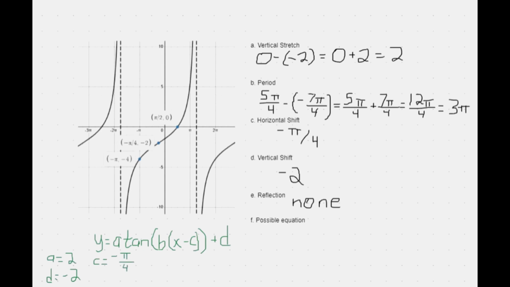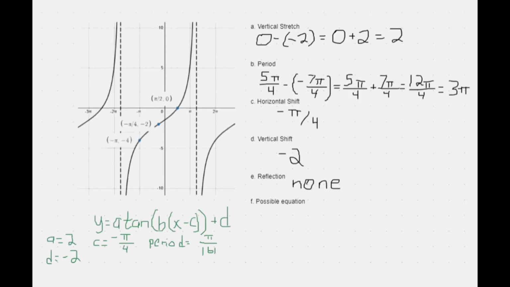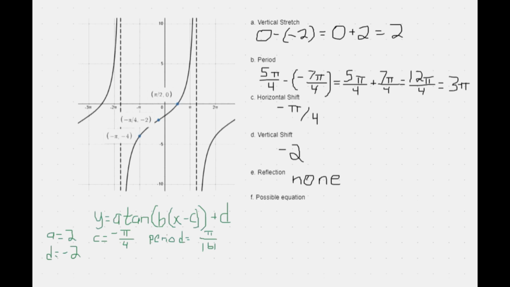All right, and then to get the value of b, there's actually a formula that we would use when we have the period. And the formula is like this. The period is equal to pi over b, or we could say pi over absolute value of b. So if b is negative, you'll just make it positive. And for this one, we would just consider the information that we have.